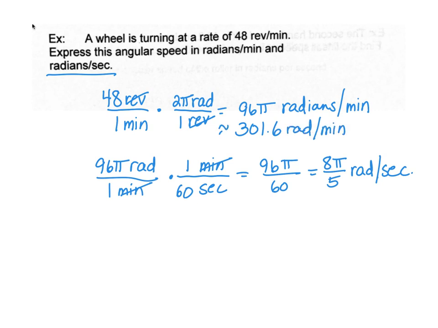Again, that's approximate. And in my last example, I would multiply 8 pi and divide by 5 and get 5.0 radians per second.